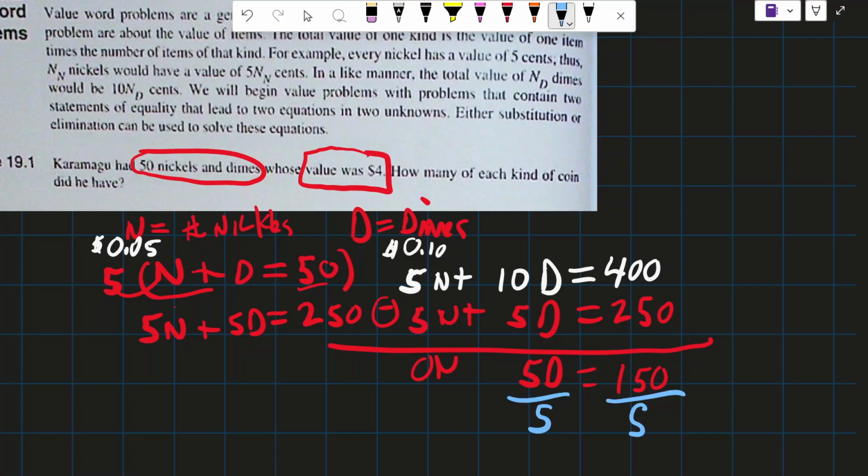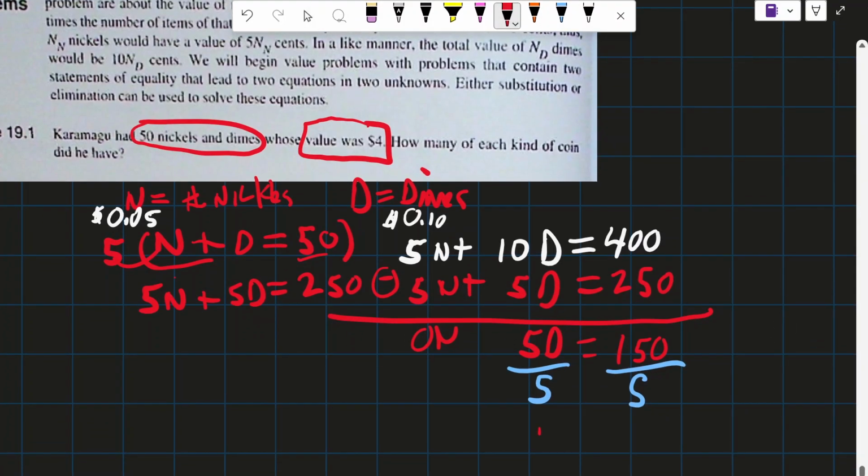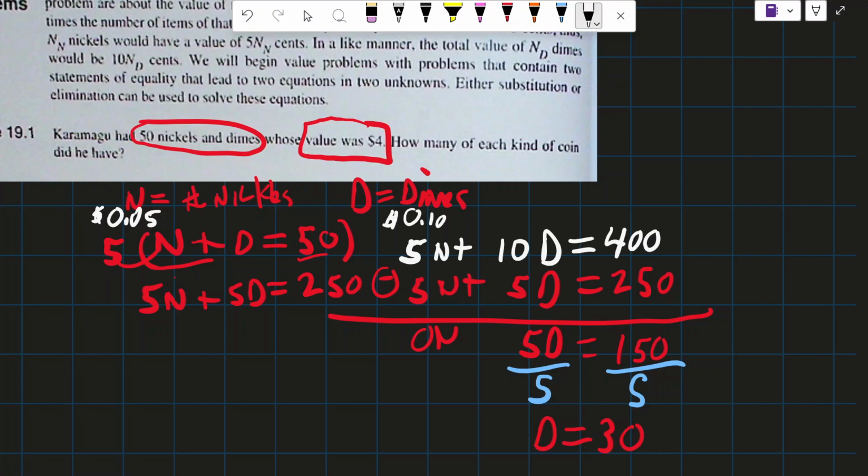And when I divide 150 by 5, I'm going to get D, the number of dimes, is equal to 30, right? So if I have 30 dimes, that means that I can go back to this first equation, n plus d equals 50, and just substitute in.